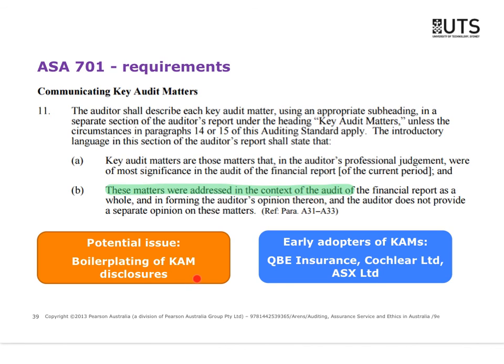We are at the point where audit opinions are pretty much standardised except for what is written in the basic opinion, because legal obligations mean we want to try and protect ourselves. So there is some risk that suddenly all KAMs might look the same and not have specific enough information to help us understand what the auditor was thinking.